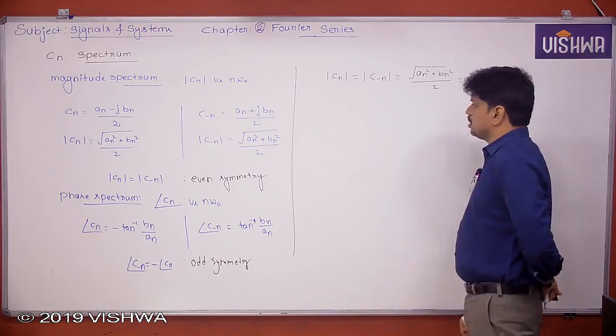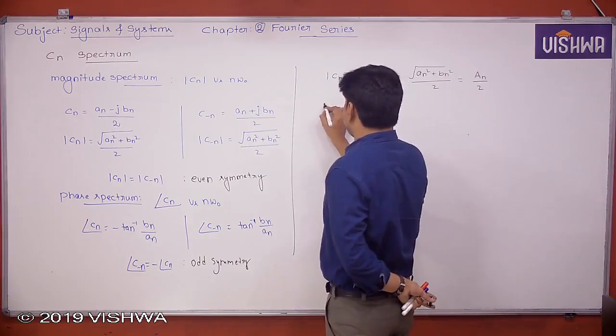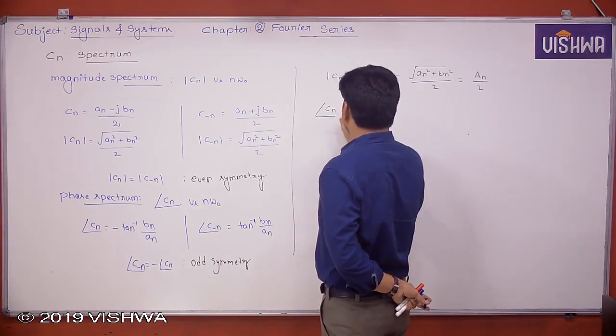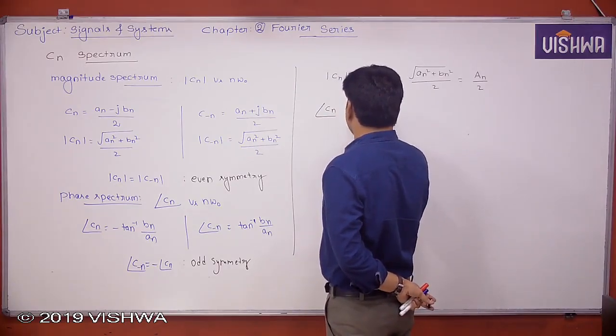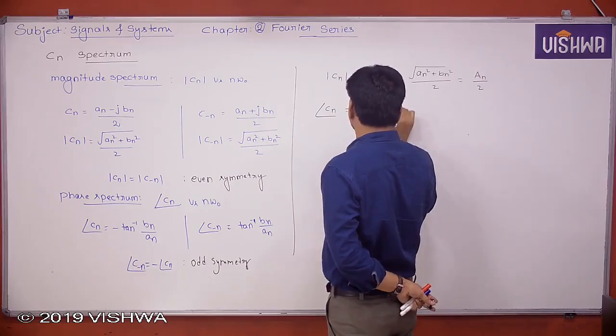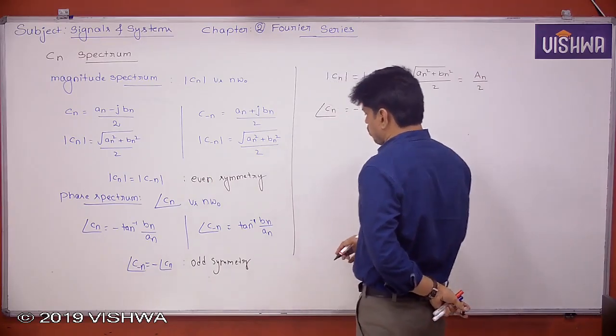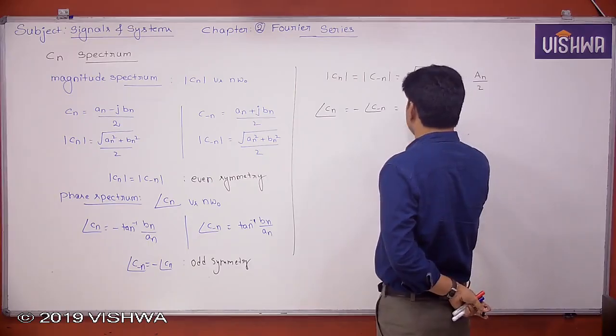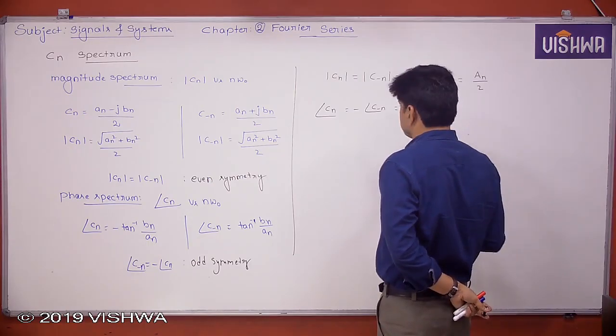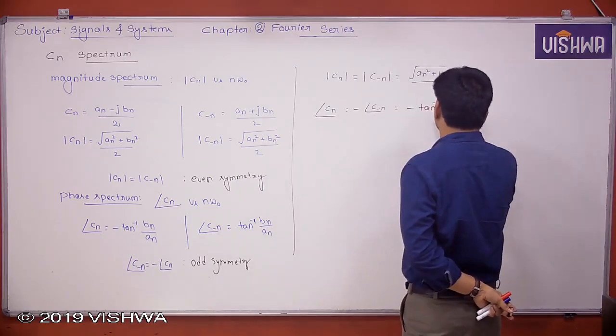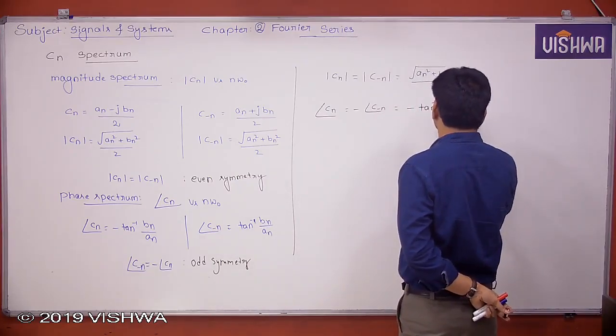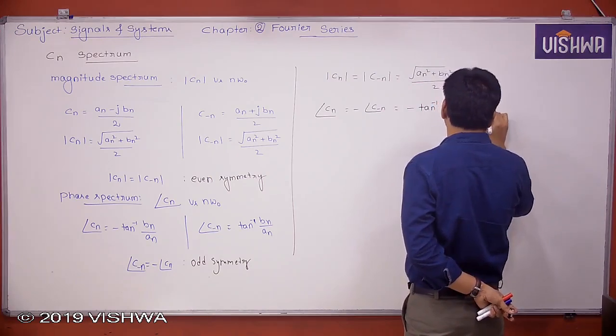Next, phase of Cn is equal to minus phase of C minus n. Both are nothing but minus tan inverse bn by an, which is nothing but phi n.